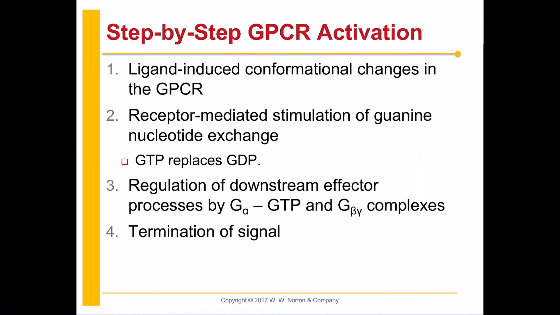Then you have receptor-mediated stimulation of the guanine nucleotide exchange, so you go from GDP to GTP, and this is in G alpha. And then you have regulation of all of our downstream things by this G alpha that's bound to GTP and our free G beta and gamma complex. And then eventually we're going to have to talk about how that signal is terminated, because we haven't really discussed that yet.